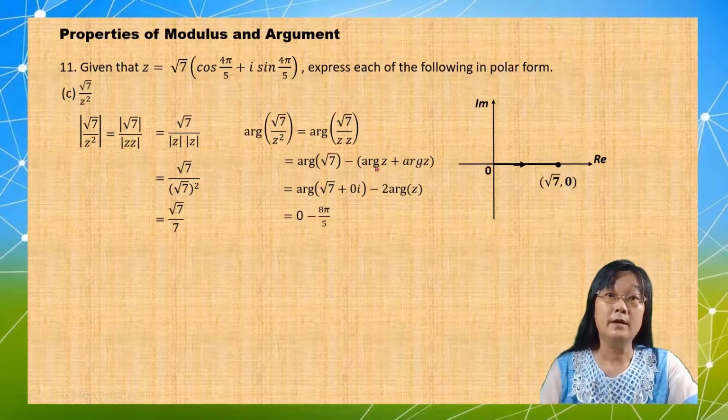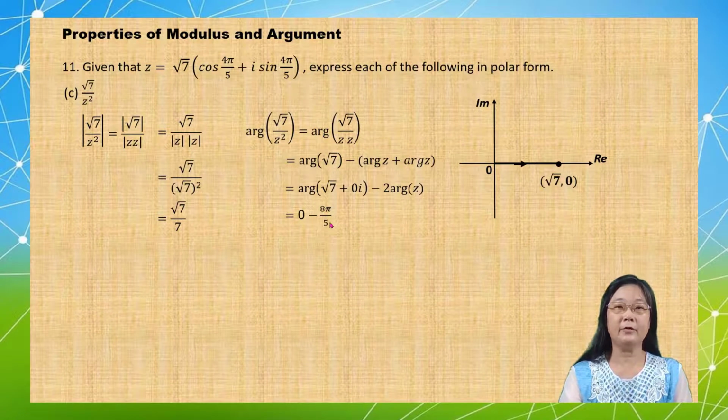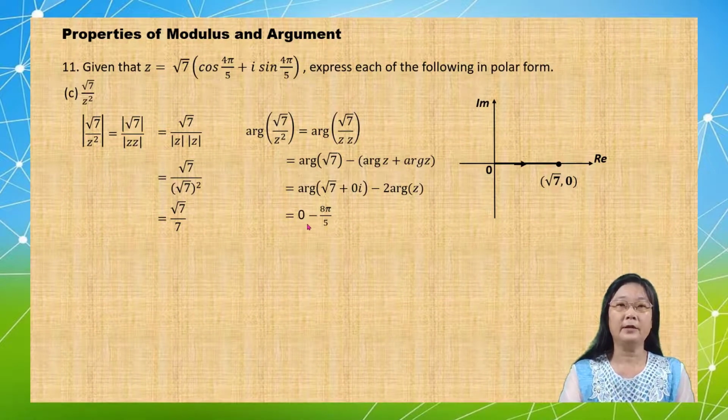And argument z plus argument z is 2 argument z. So we minus 2 argument z, which we get from here. 2 times 4 pi over 5 gives 8 pi over 5. So 0 minus 8 pi over 5 is equal to negative 8 pi over 5. But negative 8 pi over 5 is less than negative pi.